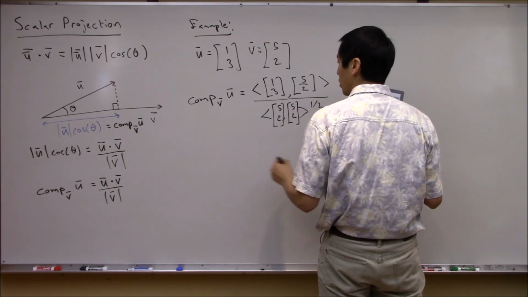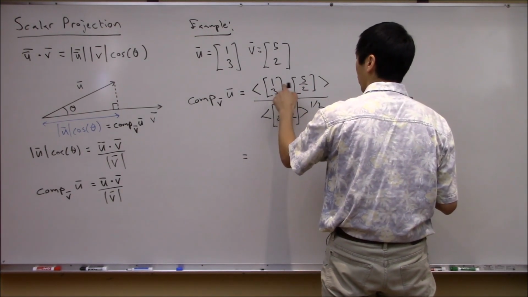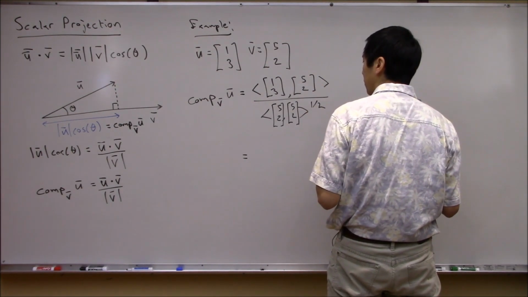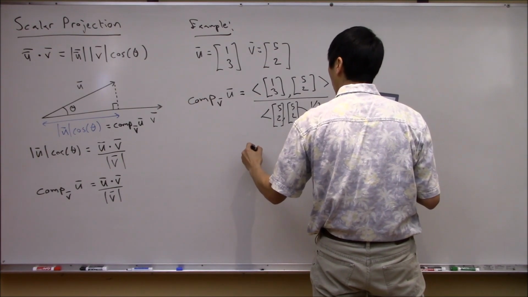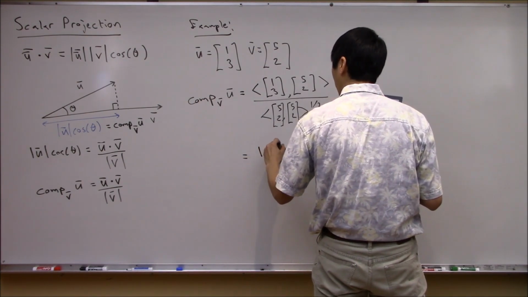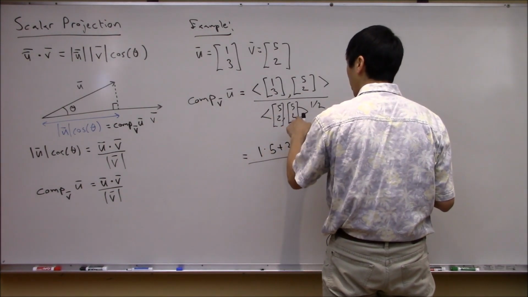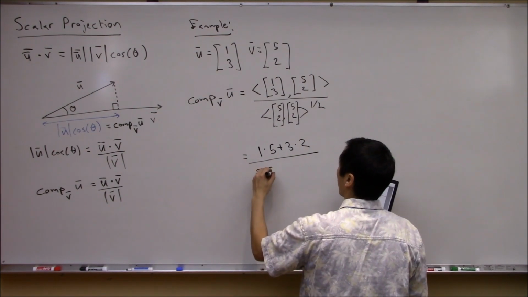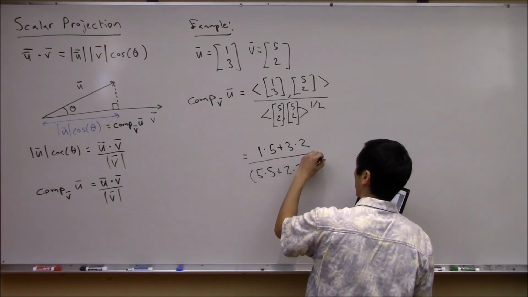Great, so let's get the inner product of these two. That should not be a slash there, it should be like that. The inner product of u and v is 1 times 5 plus 3 times 2. That's the numerator. The denominator is 5 times 5 plus 2 times 2, and then don't forget to take the square root of that.